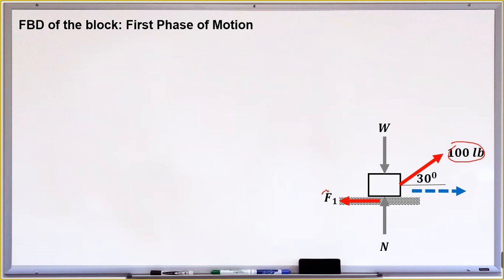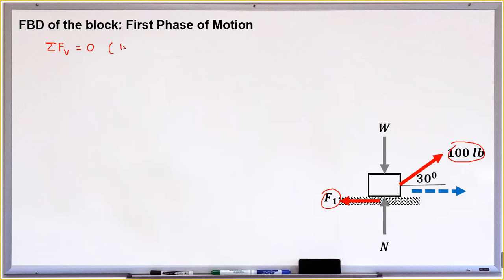And then, the second one is the frictional force, F1. Now, we cannot solve for the frictional force without solving the normal force. So I think the first solution is we take summation of forces along the vertical, that is equal to 0.